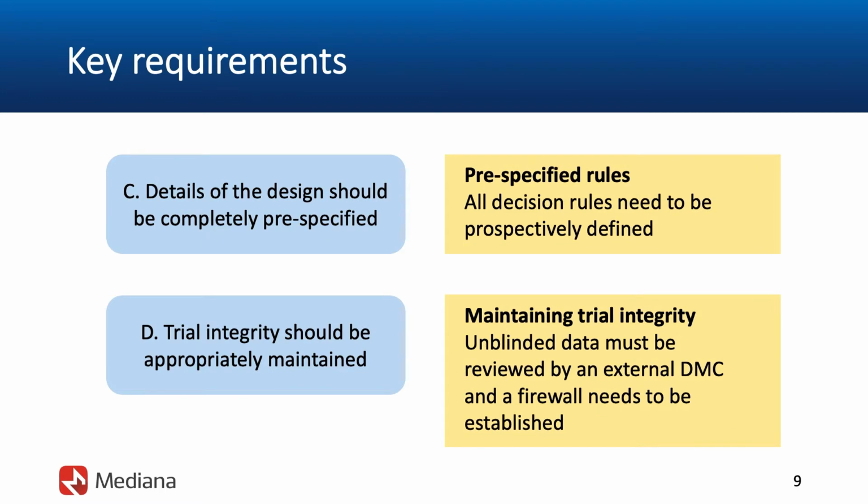Continuing to requirements C and D, those are somewhat related to each other, and we will discuss them at the same time. The FDA guidance states, for example, that it is imperative to maintain trial integrity and reduce operational bias in adaptive trials.